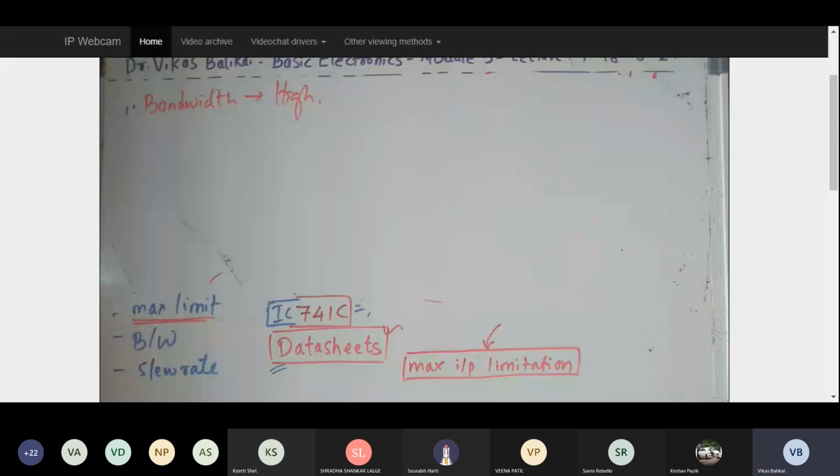Suddenly I am introducing the concept of bandwidth which involves frequencies. So how can you correlate this to the op-amp when I say bandwidth is high? What exactly does that mean? Any answer? Any wild guess?